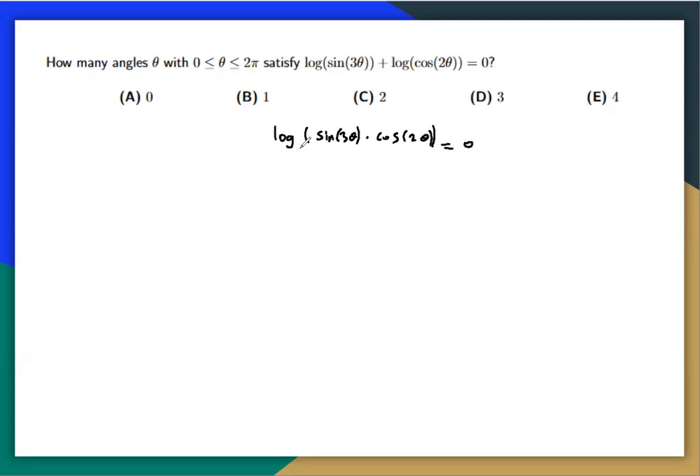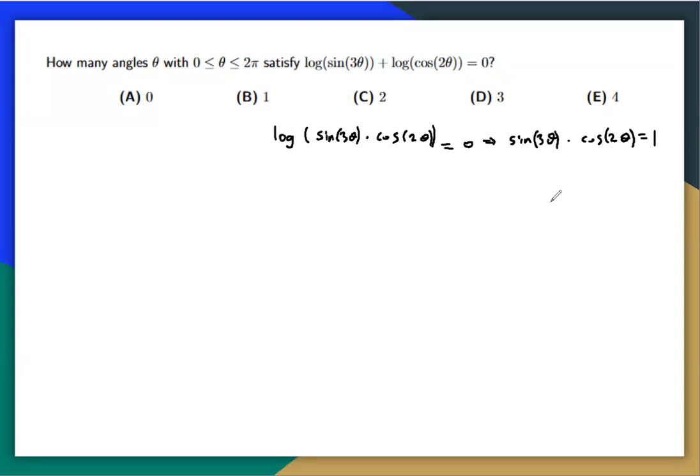The base is 10, but it doesn't matter, because when you convert into exponential form, we are going to end up getting sine 3 theta times cosine 2 theta equal to 10 to the 0th power, which is just 1.